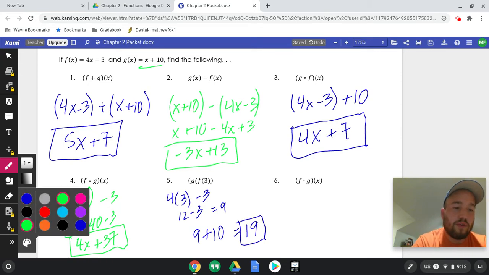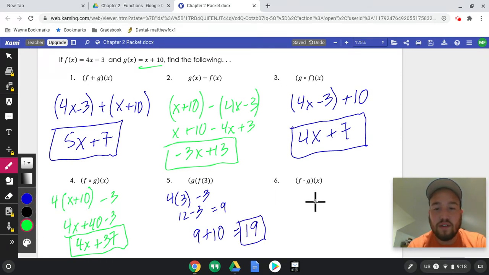And now the final one. This one is slightly different than number 4. Very close, except that's a dot instead of an open circle. So now we're going to multiply. On this one, we'll do 4x minus 3 times x plus 10. And now we're going to FOIL.